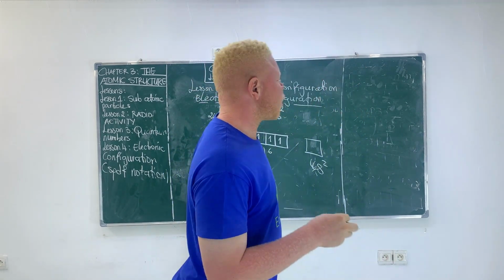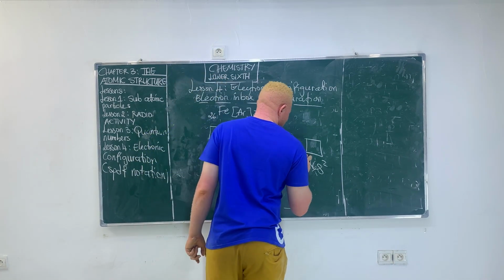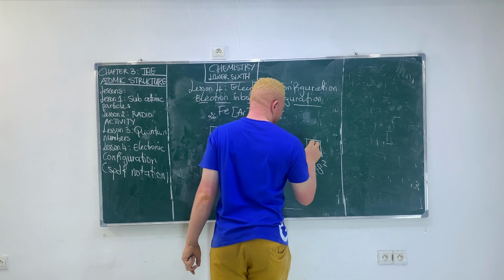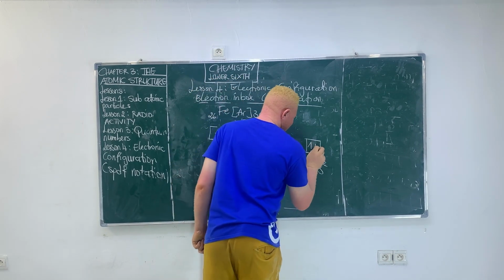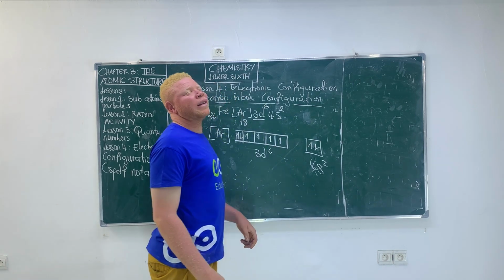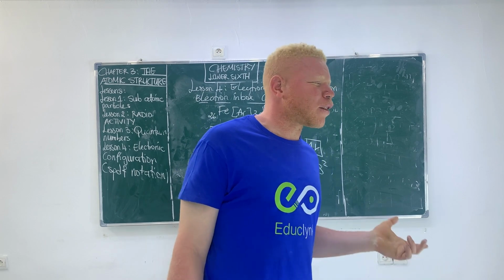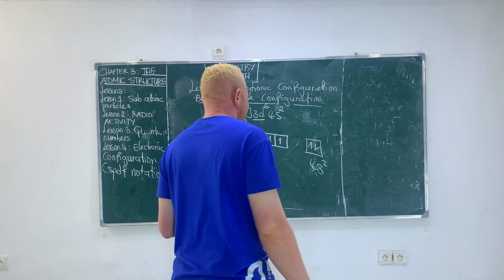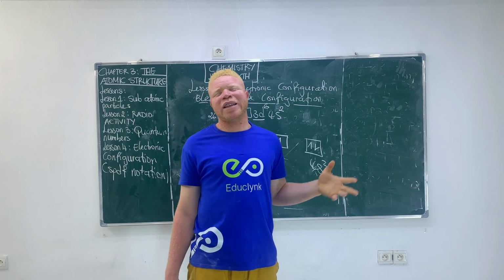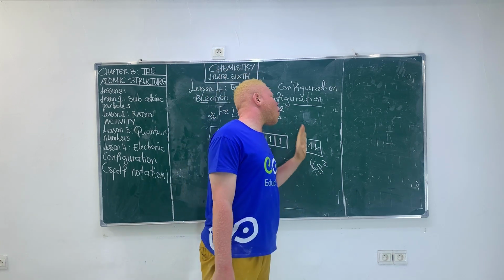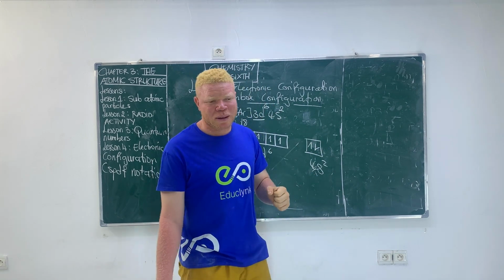The 6th electron goes into the first box. I then respect the spin, the Pauli exclusion principle. The Pauli exclusion principle tells us that the electrons should not have the same orientation. So if one has the up spin, the other has the down spin.